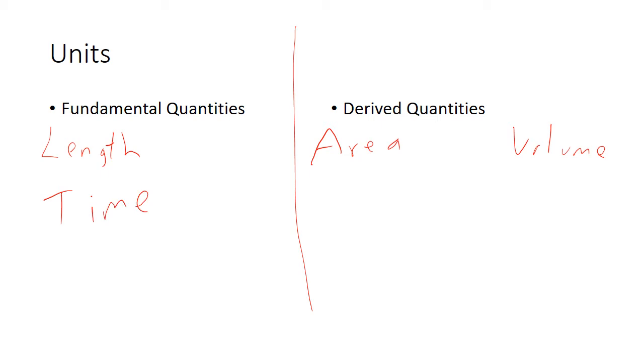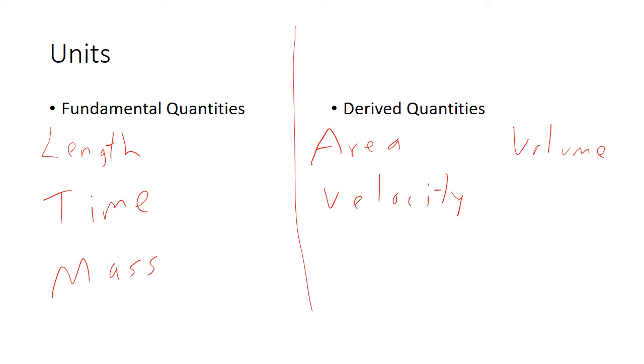A difference in time is fundamental, but velocity is derived. So this is a certain distance divided by a certain time. Miles per hour, feet per second, centimeters per second, kilometers per hour. That's velocity.